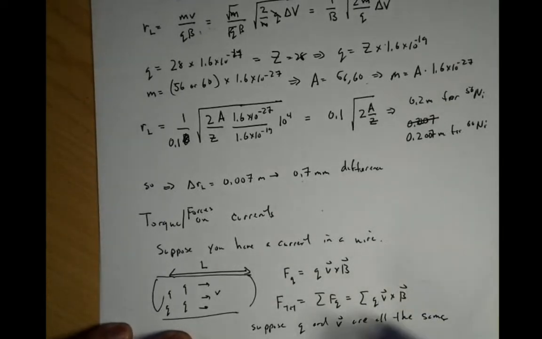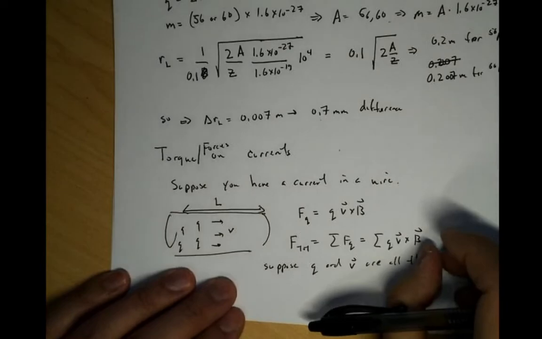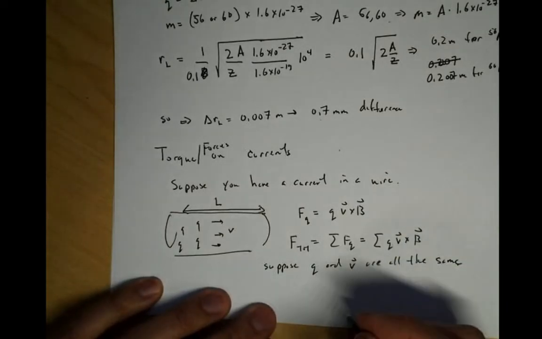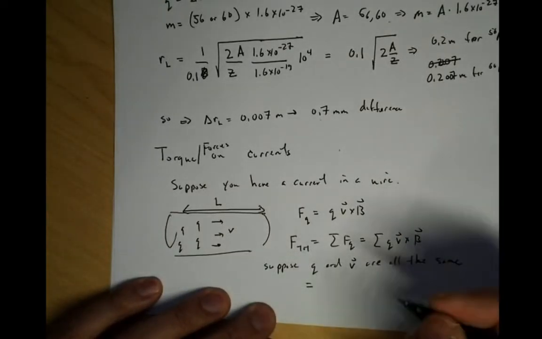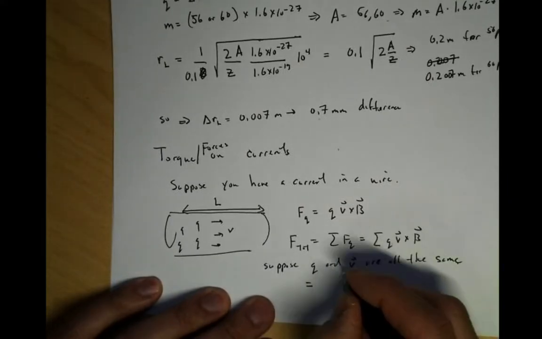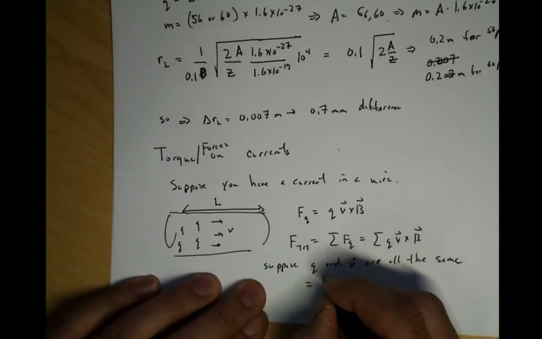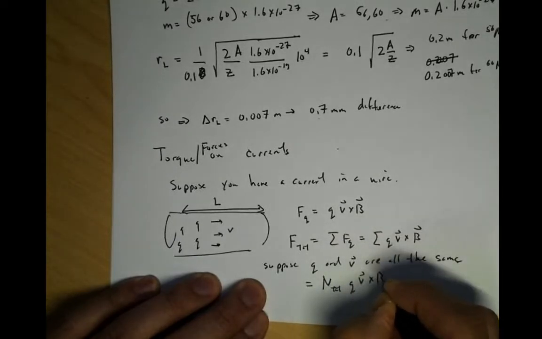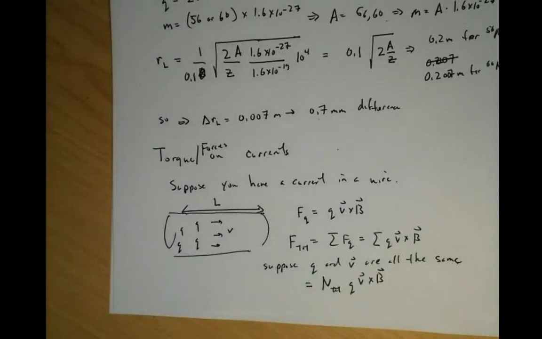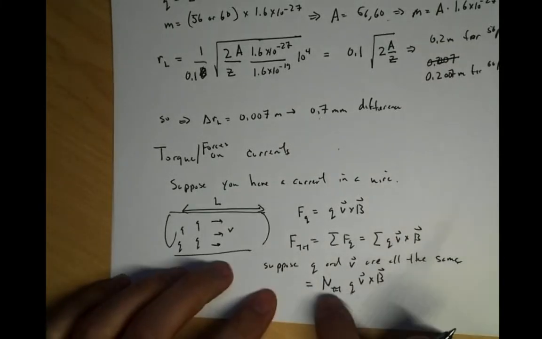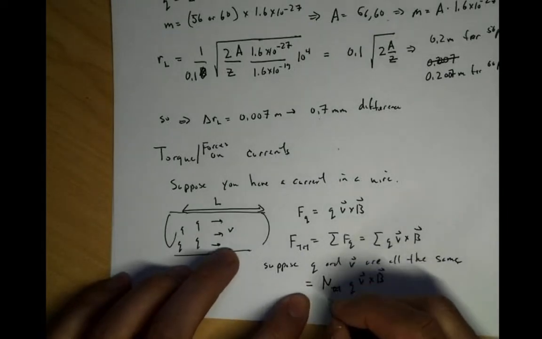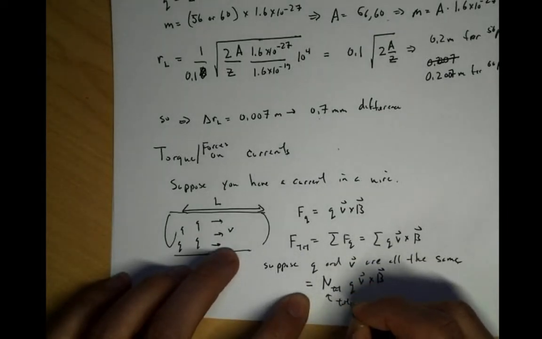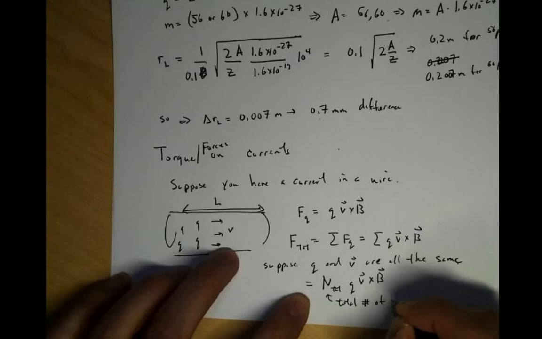If they're all the same, these are just constants, so it's the sum over the total number of charges. So it's N total Q V cross B. Now, what is N total? N total is the total number of charges.